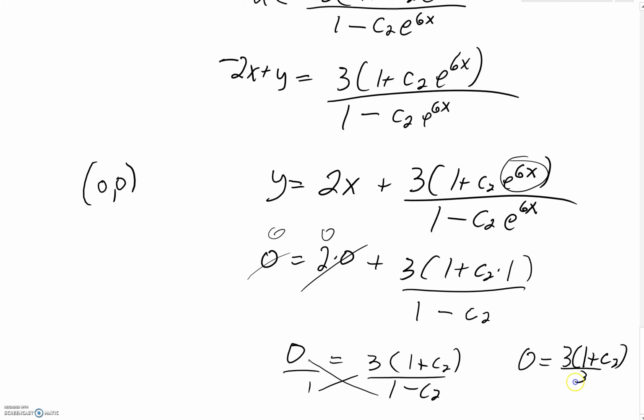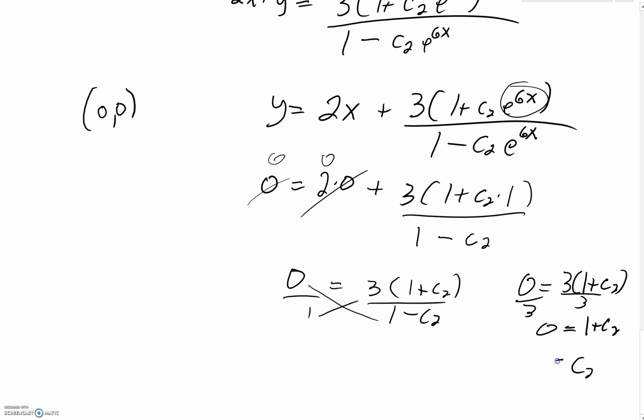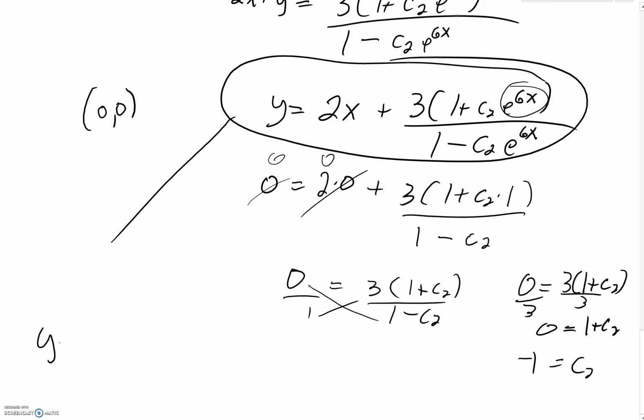You can divide by a 3. And you get 0 is equal to 1 plus C2. C2 is negative 1. So what you do is you come back up here, and wherever you had a C2, you just turn it into a negative 1. And 1 minus a negative 1 turns into a plus. And we're done.